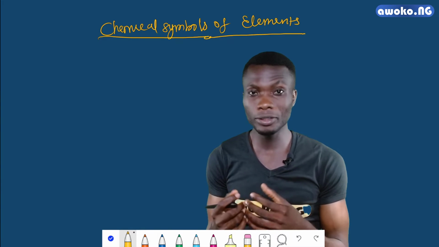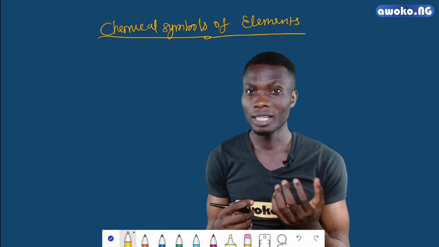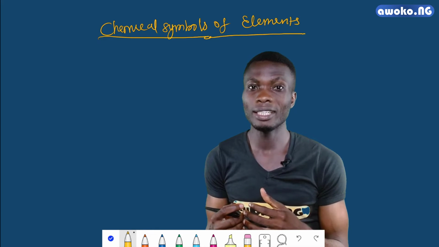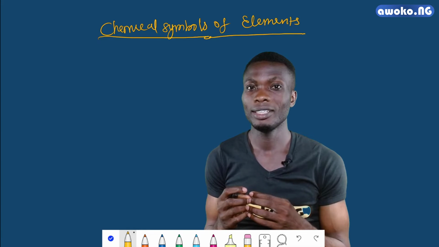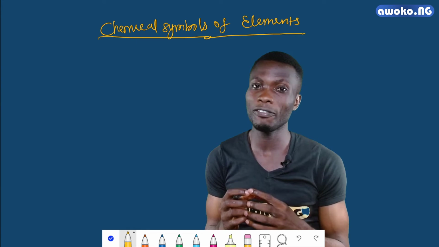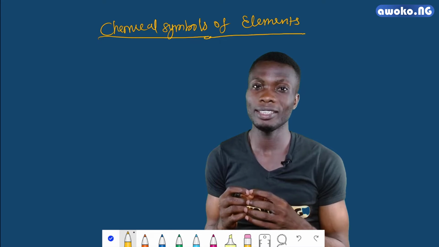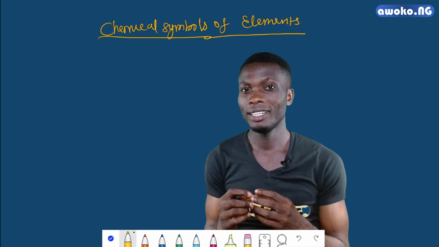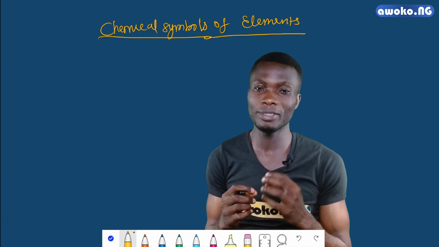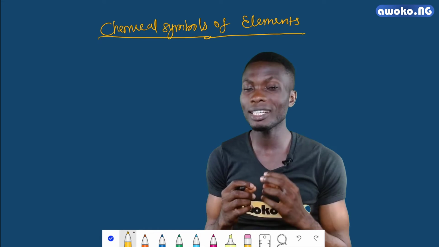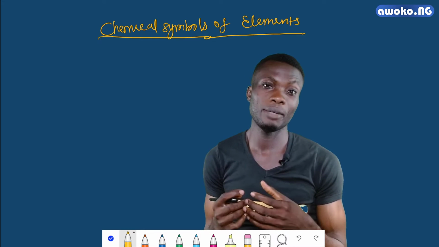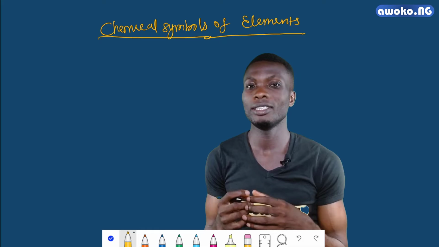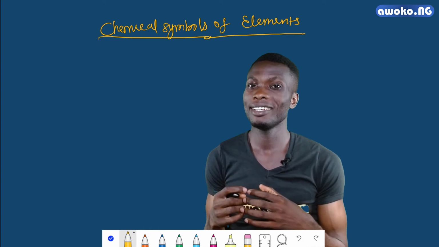So for the purposes of reactions and calculations, and wanting to represent those elements in a simpler form, he suggested that every element should have its own unique way of representation. For example, most times you can have a very long name and then you hear AKA.